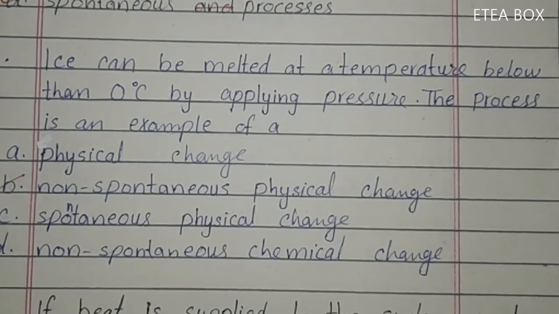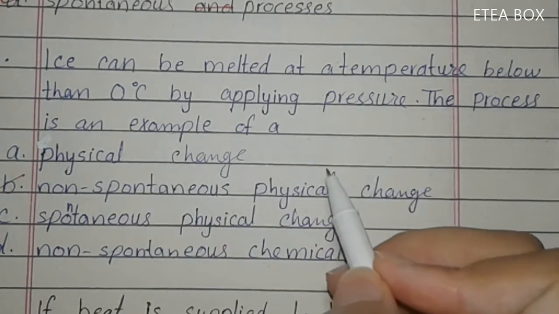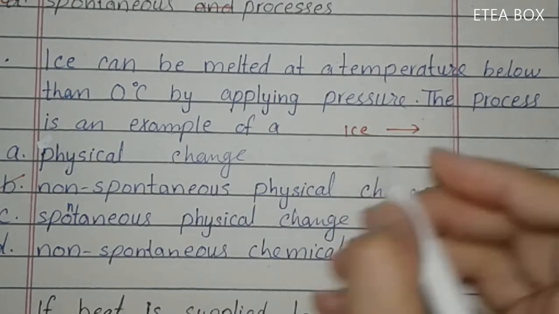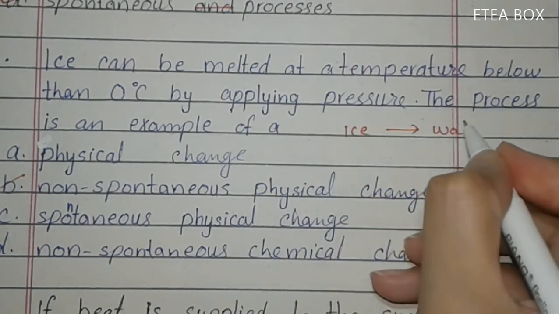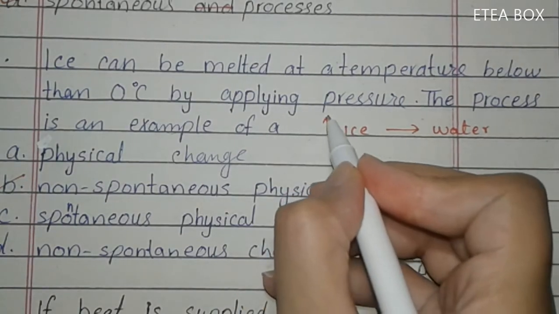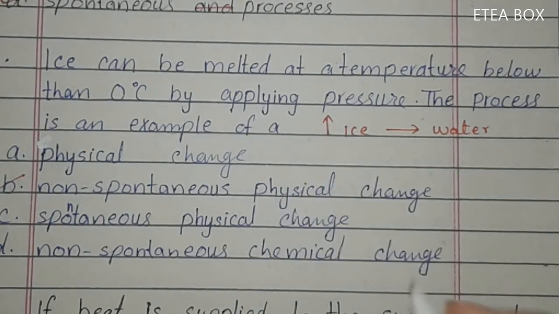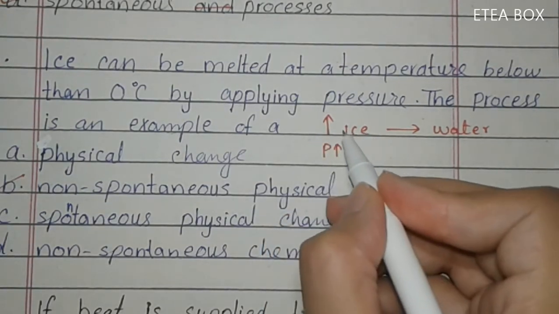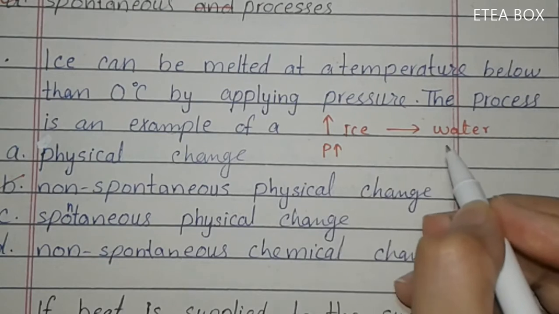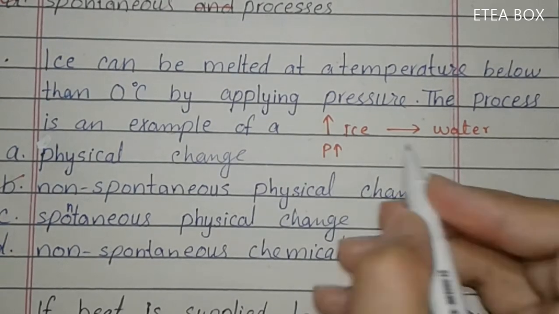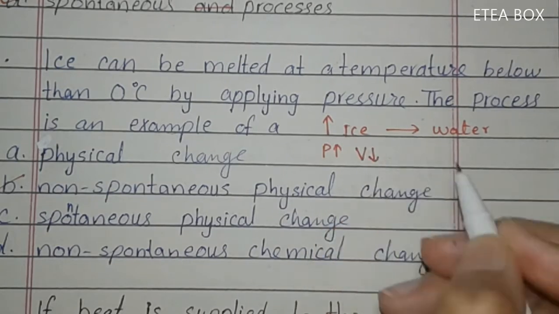Now look at how ice melts by applying pressure. Here ice is converted into liquid water. When we increase the pressure, what happens? The reaction moves in the direction where the volume is smaller.